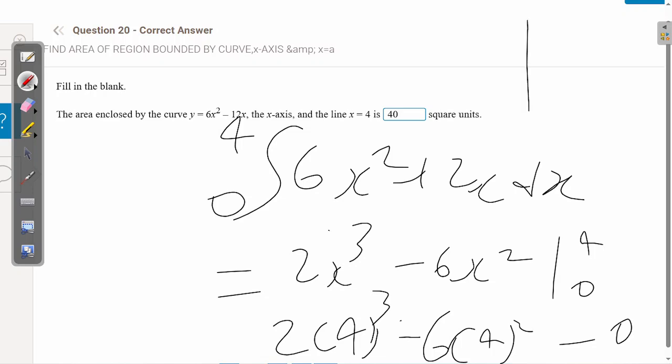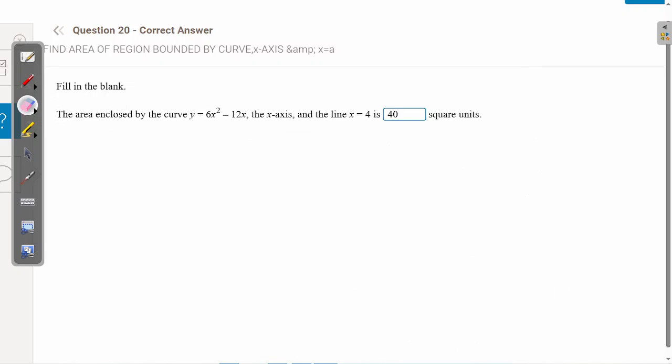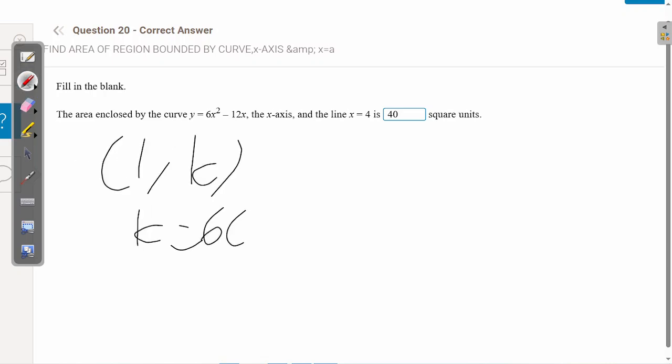wait, sorry, I did something wrong. So it is actually not 0, it's negative b over 2a, it's 12 over 12, which is 1. And y is going to be equal to, k is going to be equal to 6 times 1 squared minus 12 times 1.